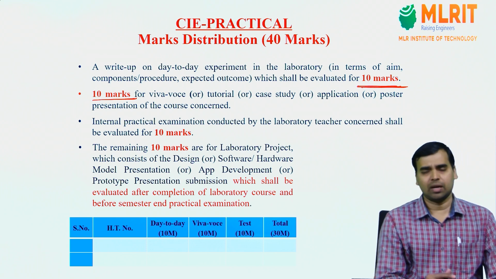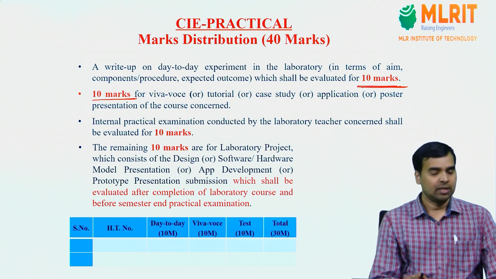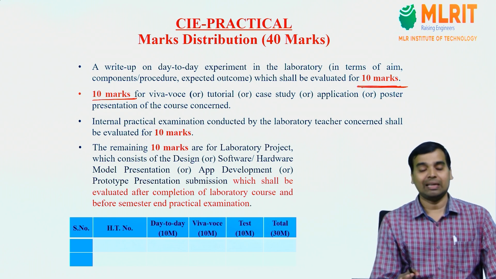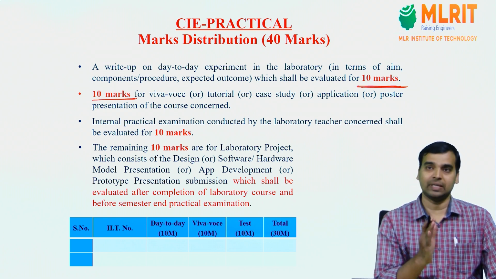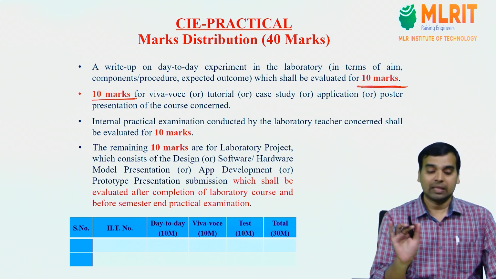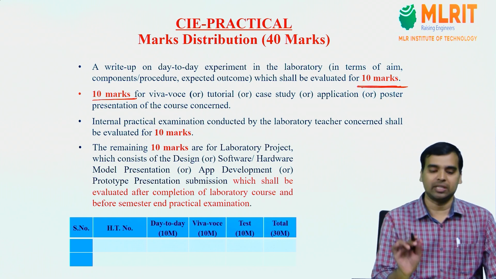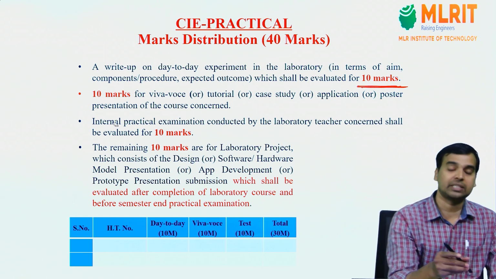Then, before the theory mid exams, faculty are going to conduct lab internal 1, out of half of the list of experiments. The lab internal 1 exam will be conducted out of 20 marks.